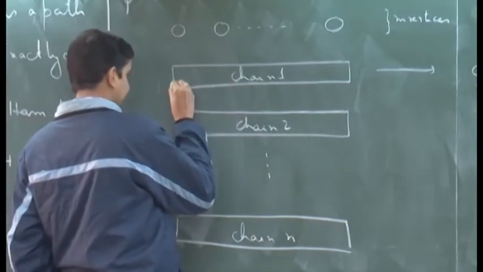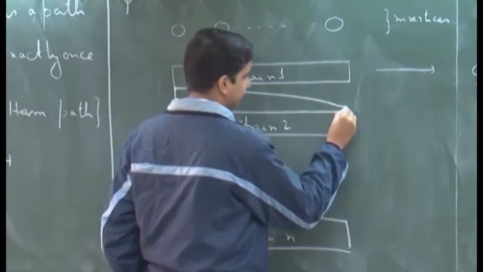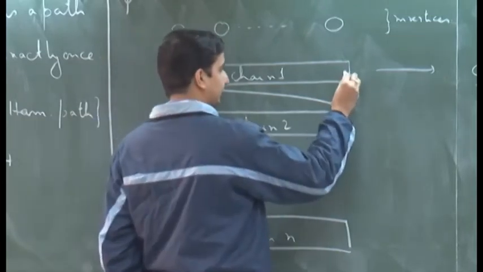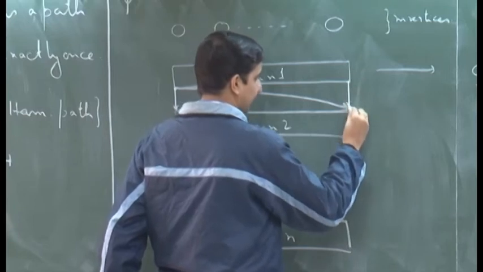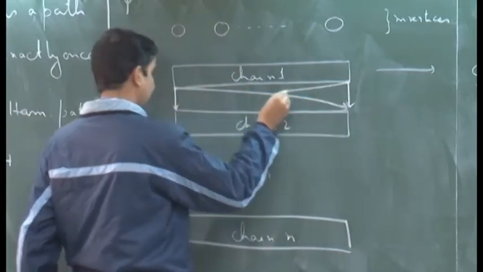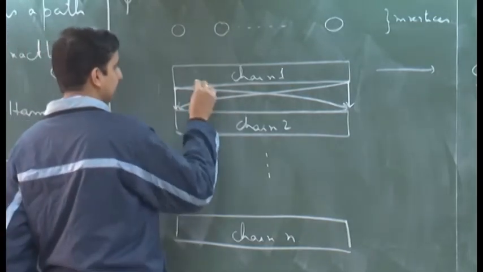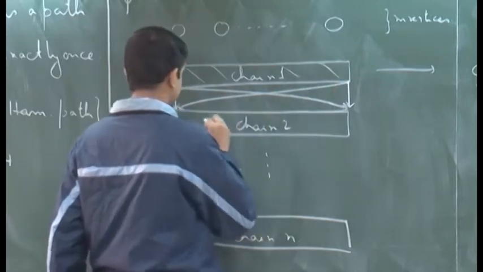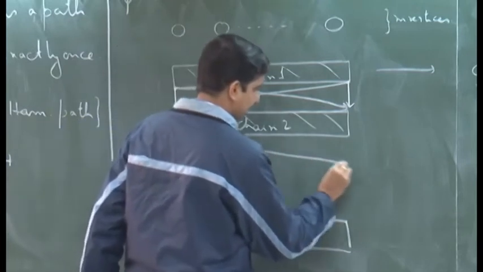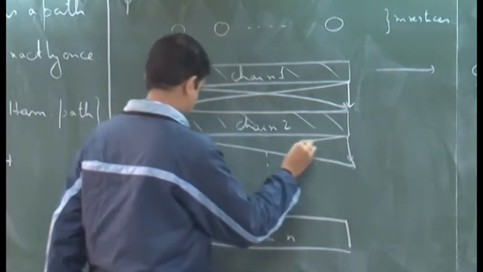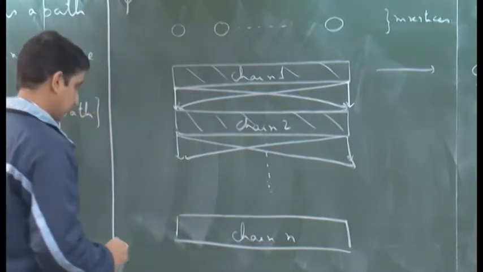So, from here I put an edge to the first vertex in chain 2 and to the last vertex in chain 2, and as well from the last vertex in chain 1 I put an edge to the last vertex in chain 2 and the first vertex in chain 2, and so on. Similarly, I do this all the way up to chain n.